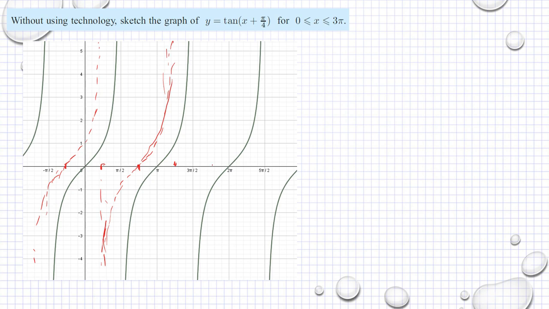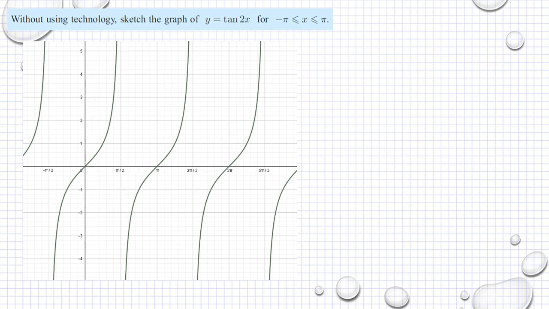And this one also, here. There you go. It's not that accurate, like I always said. Now tangent 2x. Our period is pi, so we have pi divided by 2. That means here and here.